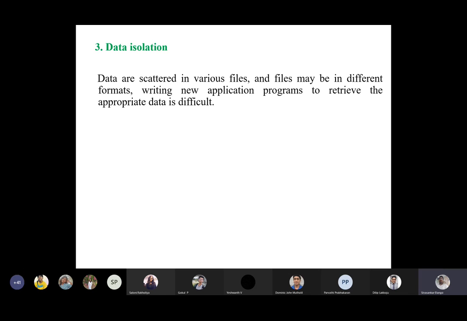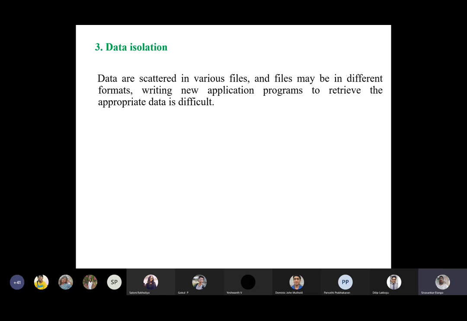For example, consider an enterprise which has been there for more than 50 years, like Bata that deals with footwear. They will be storing the data in different files over a period of time. They will be storing it in some legacy files, right? They would have used some spreadsheets to store the data.